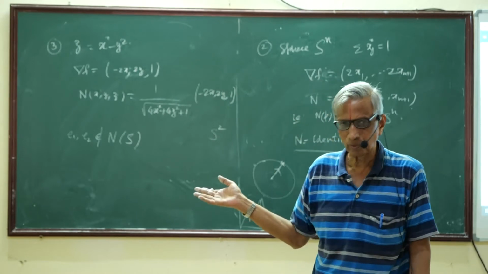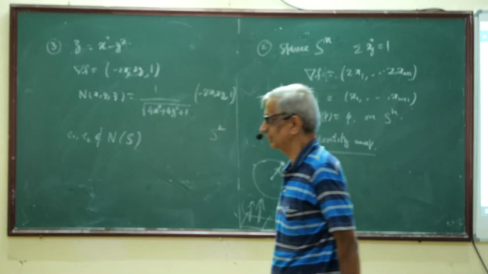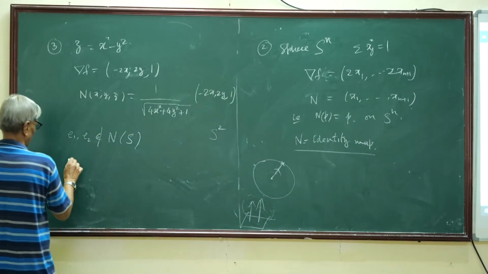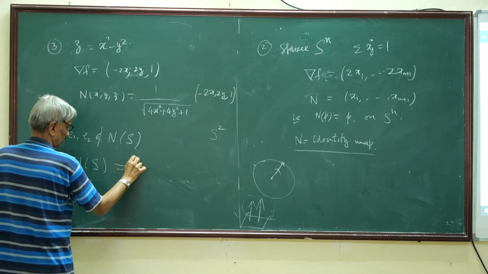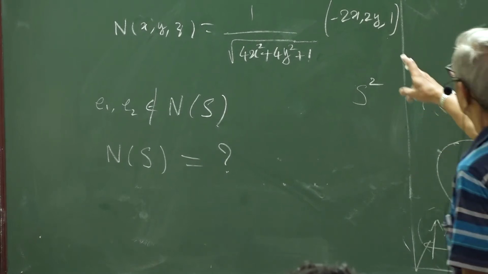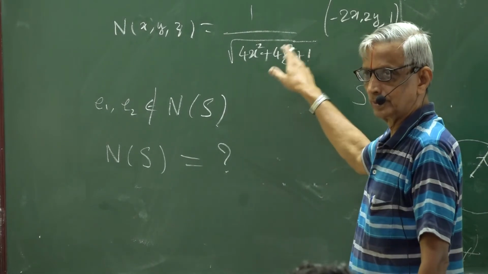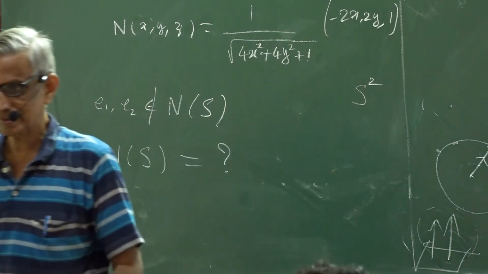Can you tell me what exactly the image is? All points of this form, x and y are arbitrary real numbers.